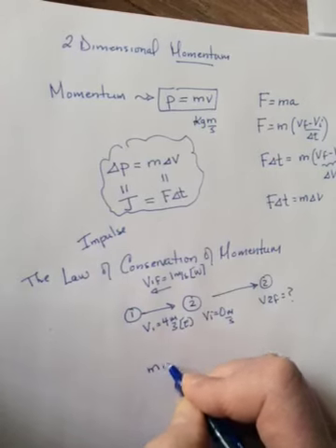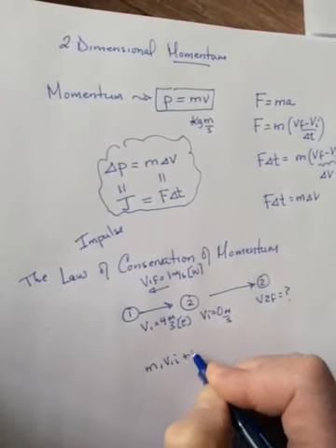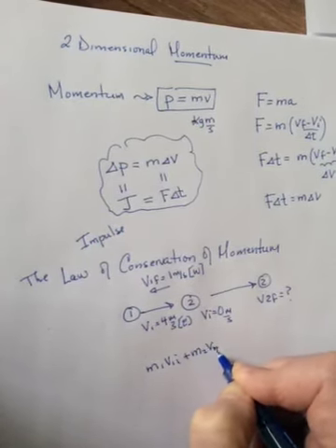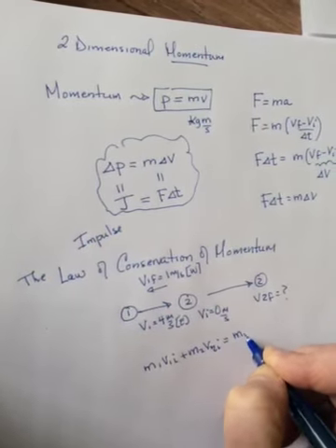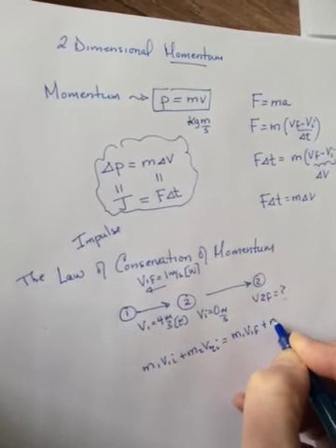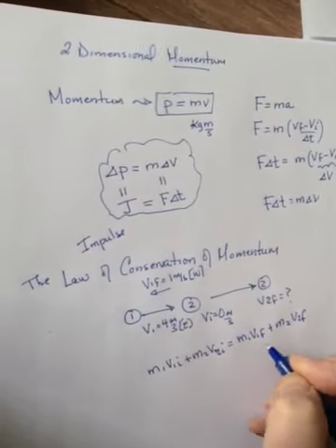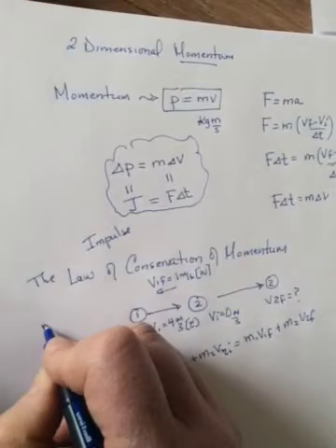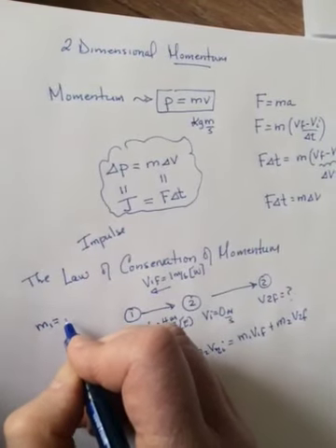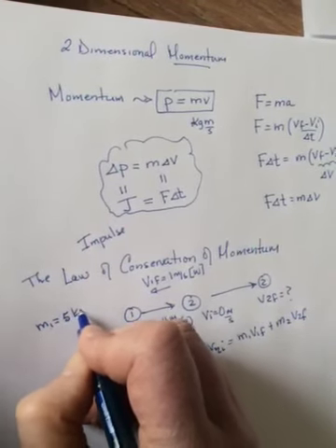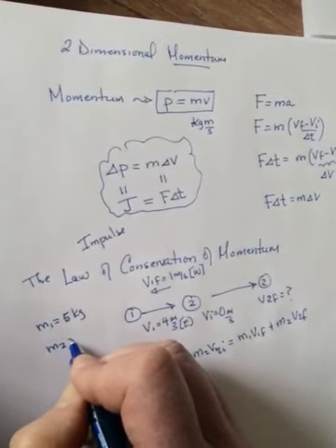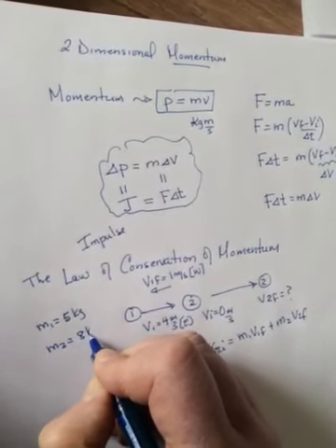And remember, it was m1 v1 initial plus m2 v2 initial is equal to m1 v1 final plus m2 v2 final. And then we solved for v2. So let's just say m1's mass is 5 kilograms, and m2's mass is, let's say, 8 kilograms.